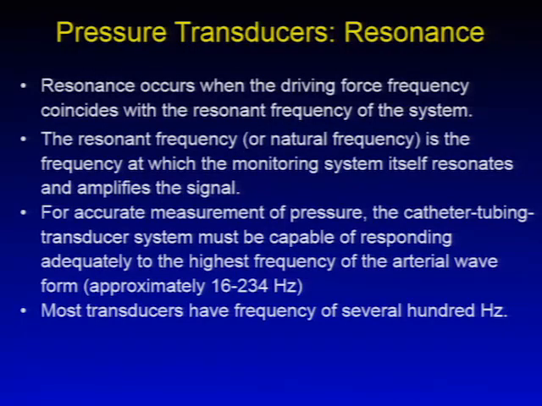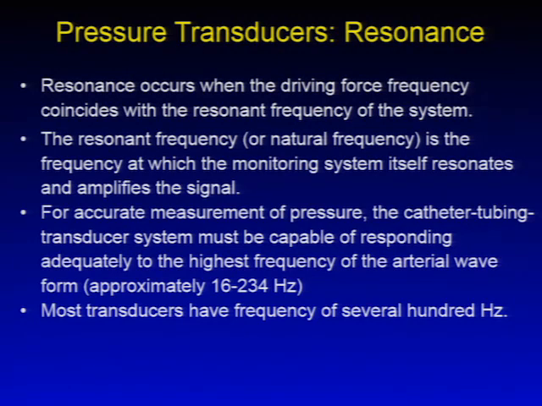So, pressure transducers. It's important to understand the concept of resonance. Resonance occurs when the driving force frequency coincides with the resonant frequency of the system. The resonant frequency, or natural frequency, is the frequency at which the monitoring system itself resonates and amplifies the signal.